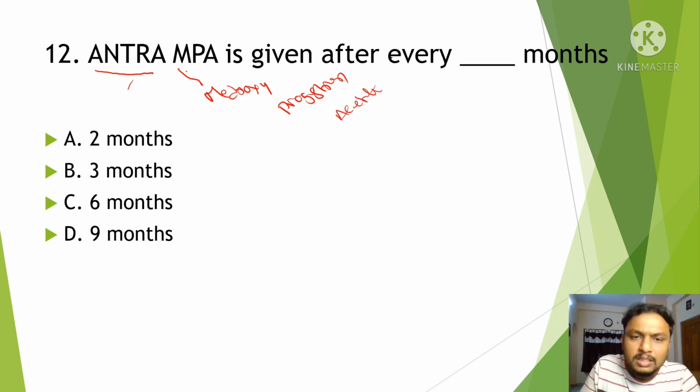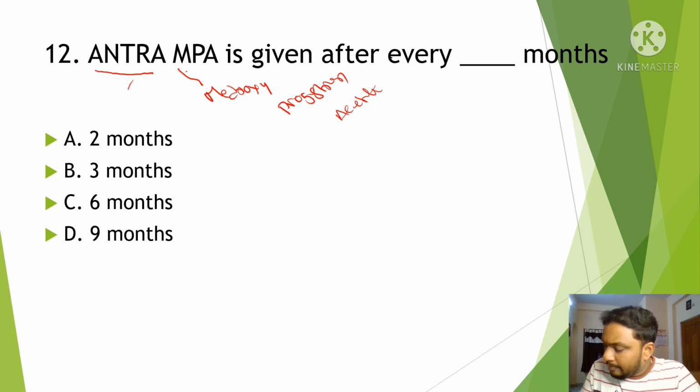It is an injectable contraceptive given to eligible couples or women. Given after every how many months? Your option is 3 months.